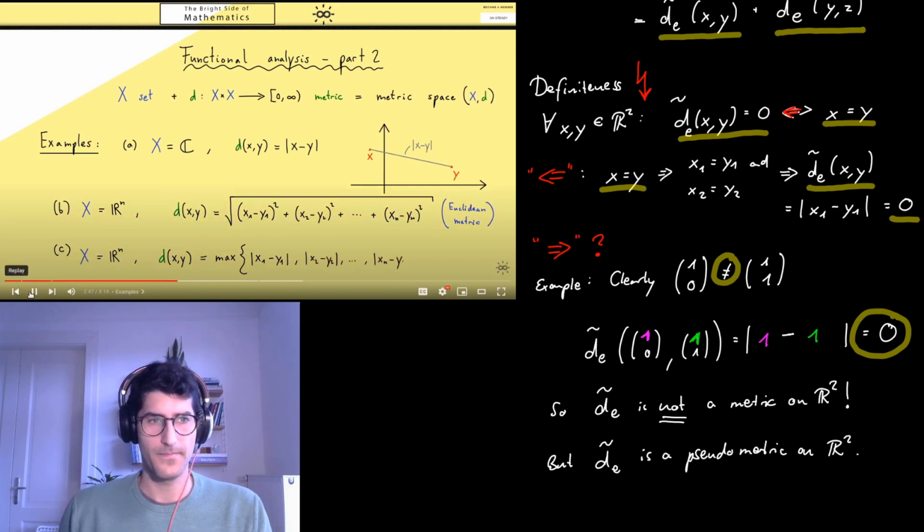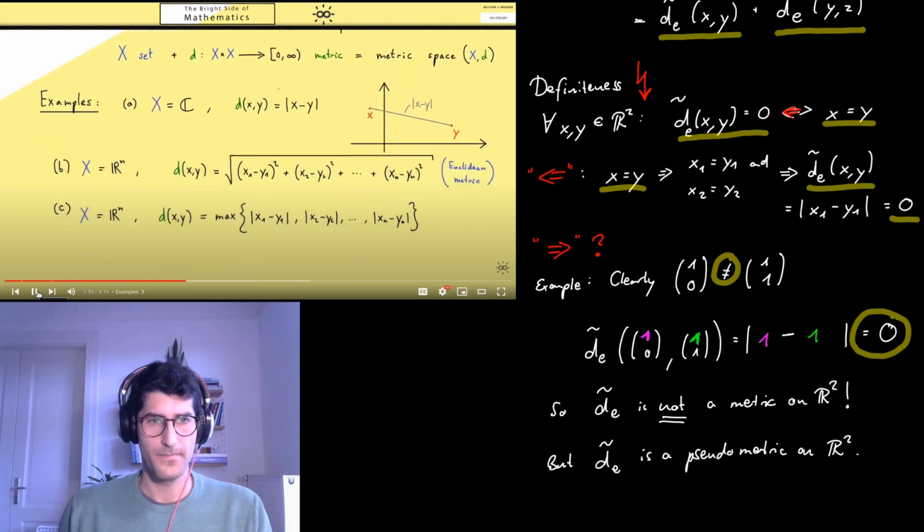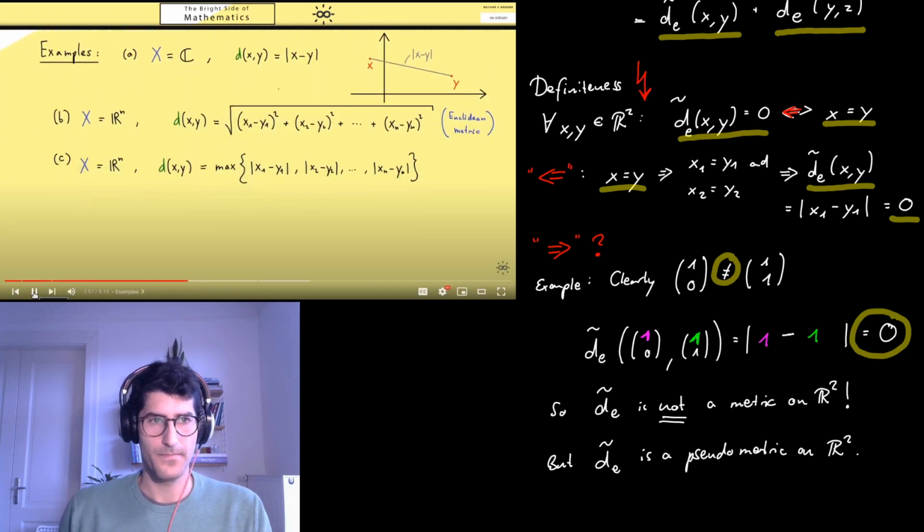So let's write it down for all components, which means we want the maximum of all these differences. In fact, this is of course a metric as well. It's not hard to check that it fulfills our three properties, and most of the time only the triangle inequality needs some work. However, we should first visualize the whole thing, maybe again in the plane.